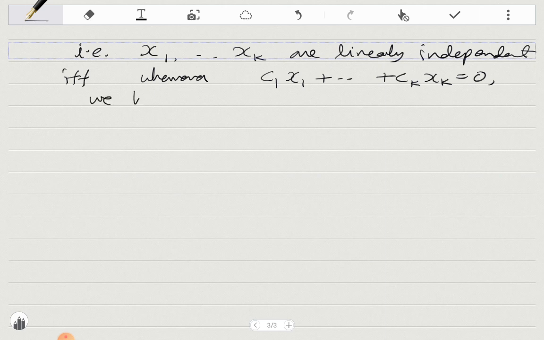In other words, we have c1 is 0, and so on.